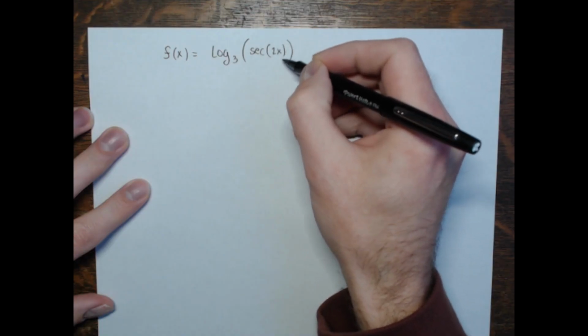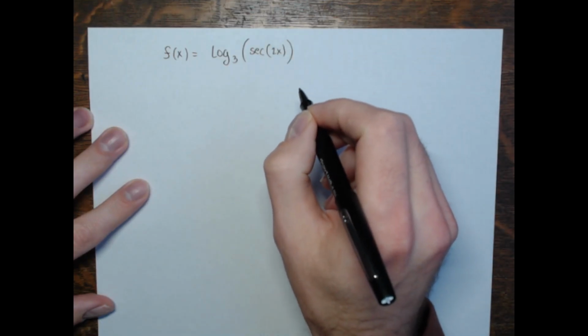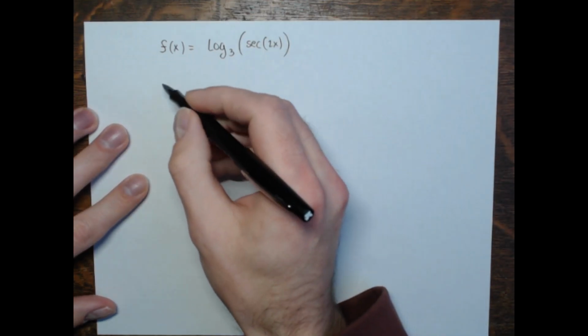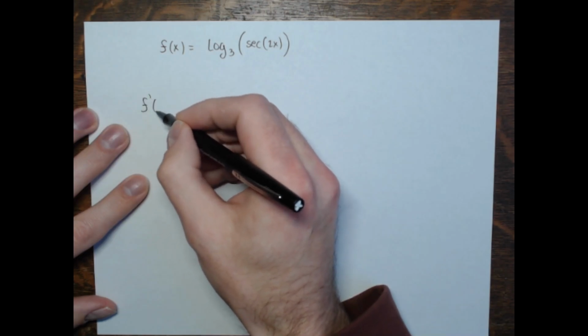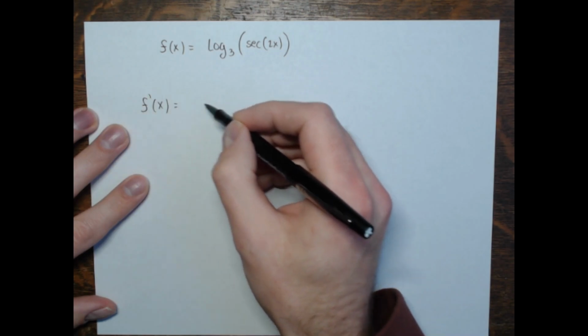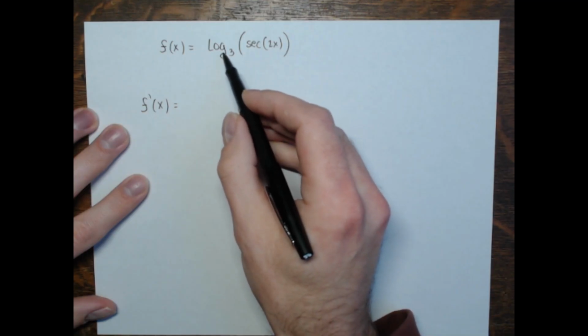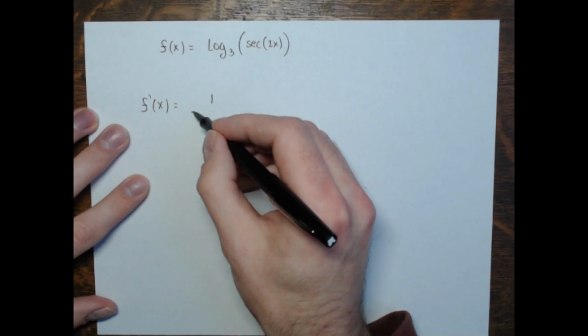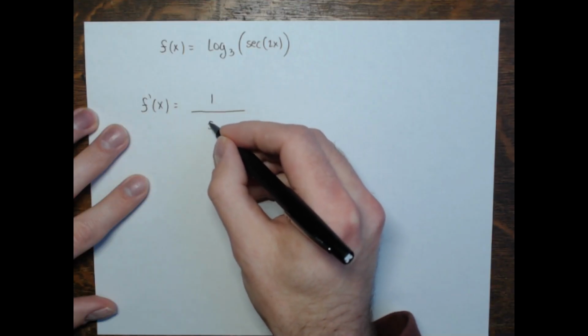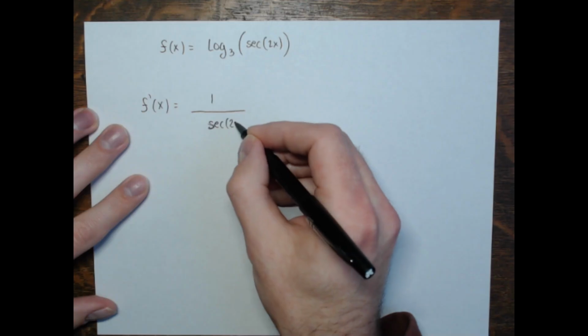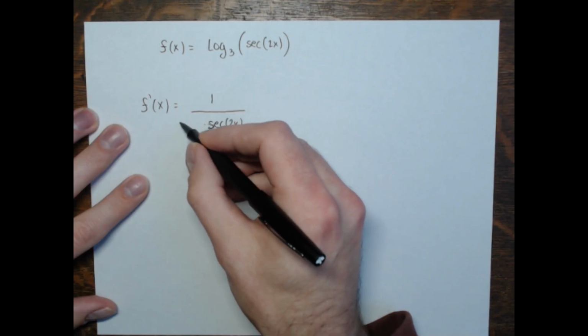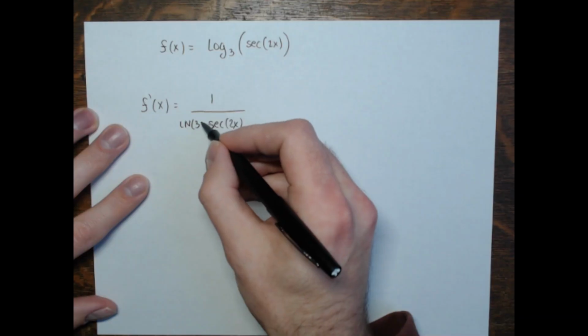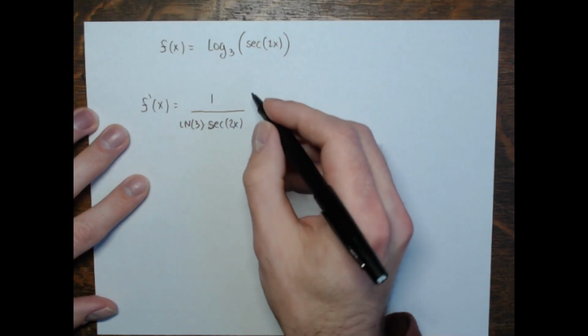So it's composition within composition here. I'm going to do the chain rule a couple times. All right, so f prime, the derivative of the log of something is 1 over that thing, so 1 over the secant of 2x. But then don't forget that natural log of the base down here as well, natural log of 3.